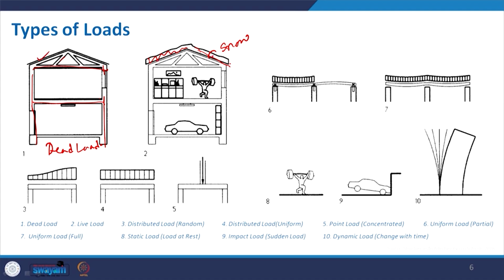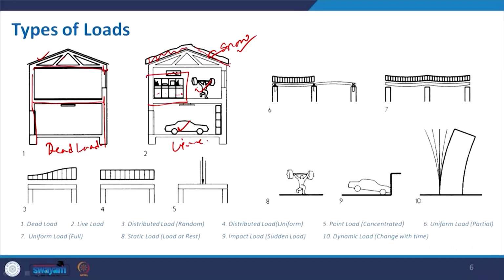So, this is again movable, and it comes under live load. The car again is not permanent. When you go out with your car, that place will be free of the car's load. So, again it is live load. Then the person moves out of the room, as I already mentioned in my example. Here also the furniture is movable; you can move this furniture to the other room. So, these are live loads.